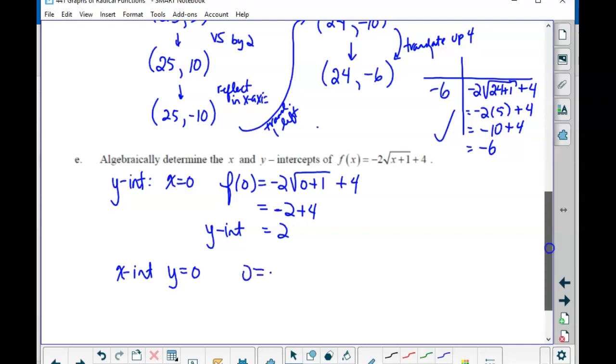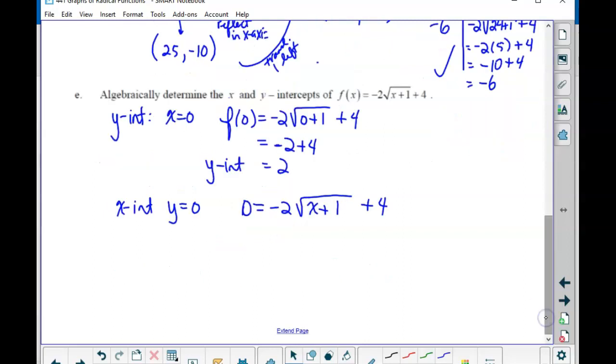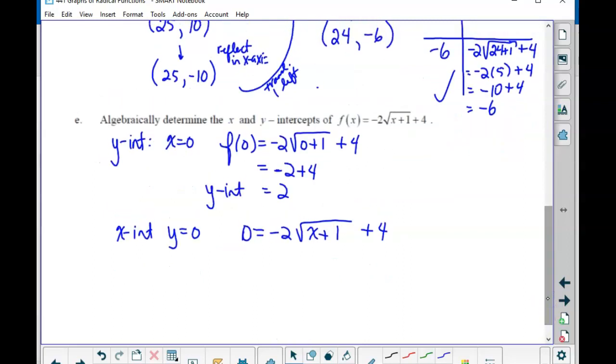X-intercept is when y equals 0. So 0 equals -2 root of x plus 1 plus 4. So this is really going to lead us in to our next lesson, which is solving radical equations algebraically. Because we have a square root in this. So just like we did for quadratics, we wanted to get the squared term by itself, wherever the x was. So here, we want to subtract 4. So we'll get negative 4 equals negative 2 root of x plus 1.